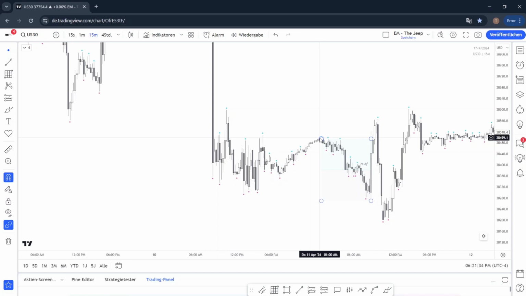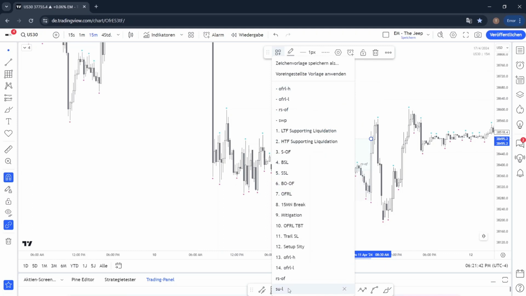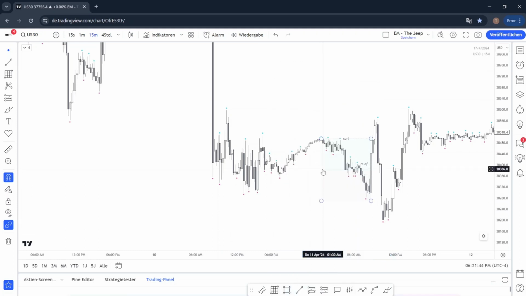And this is from a short that I actually took on the 11th of April, last week, Thursday. Very nice and clean to the order flow range low, because I understood the concept of order flow ranges.